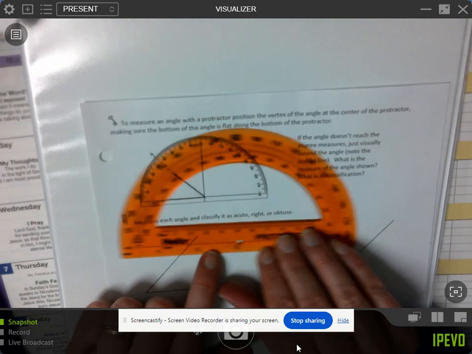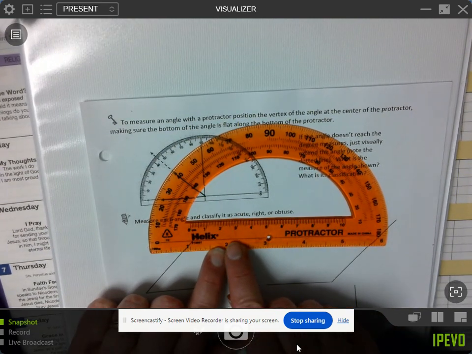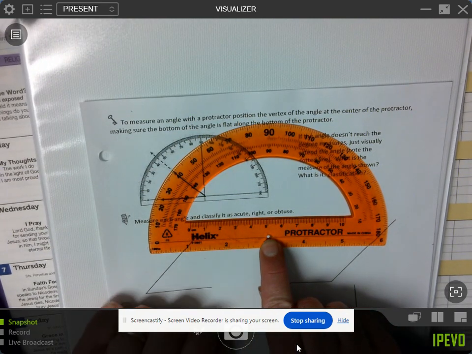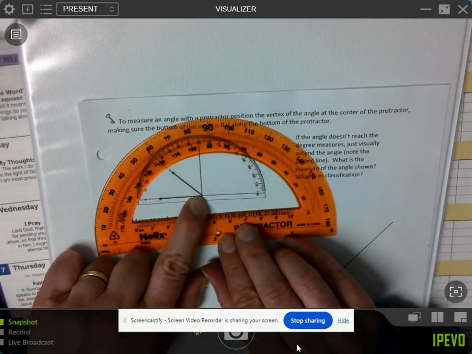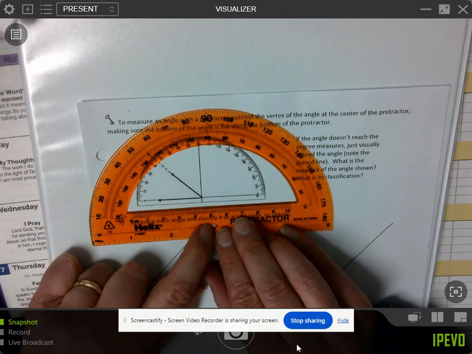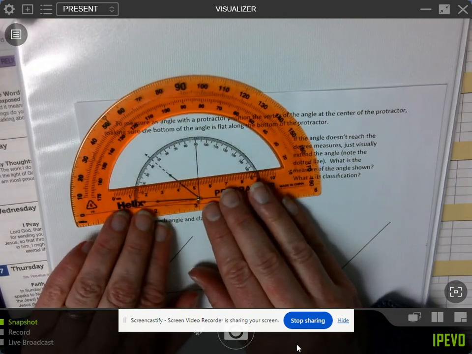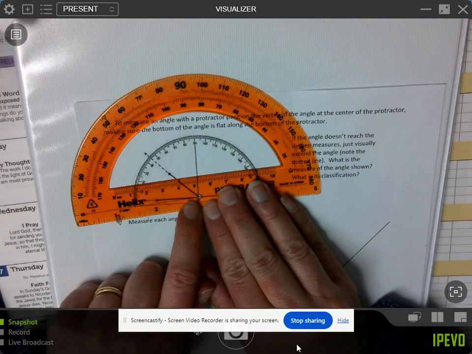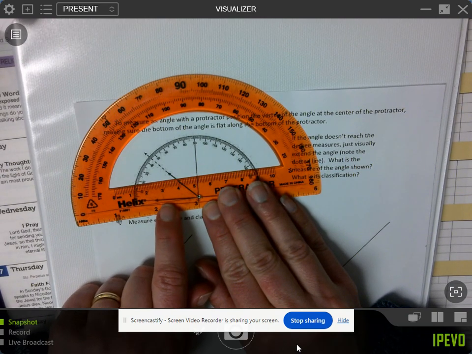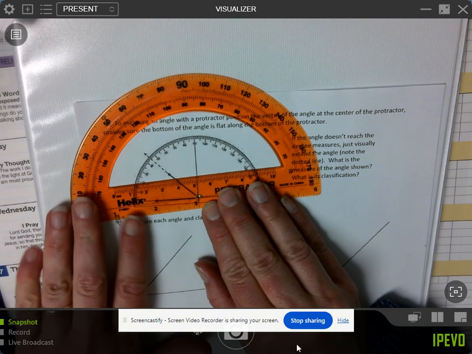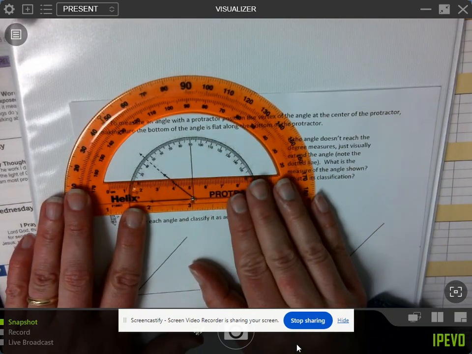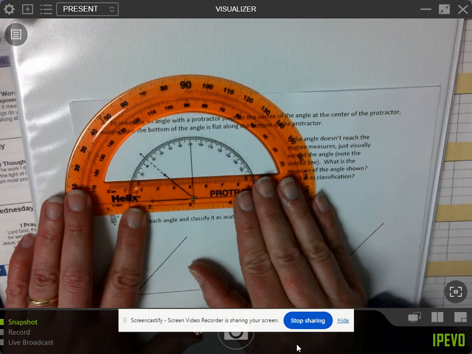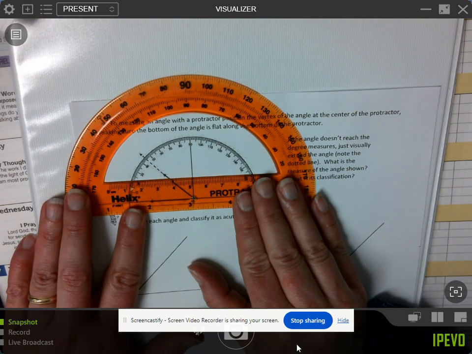Notice how my protractor has a line that goes to where that open spot is, that open circle. You're going to want to not only find the vertex of your angle to put in that open circle. Look at what happened. My line doesn't line up with my angle line. I want to turn it so the line on the protractor is exactly over that angle line.